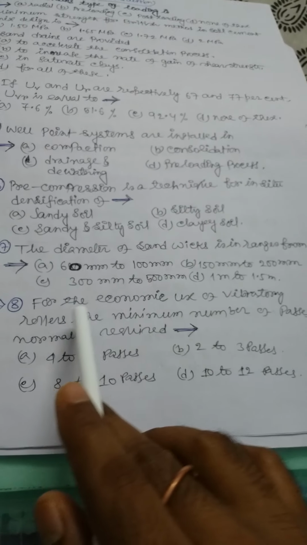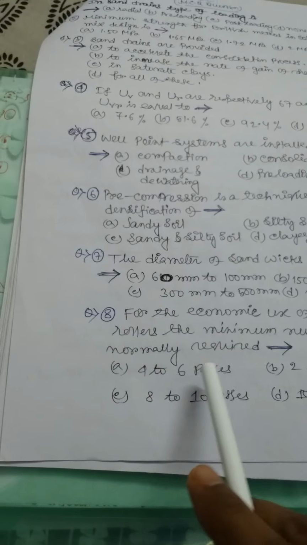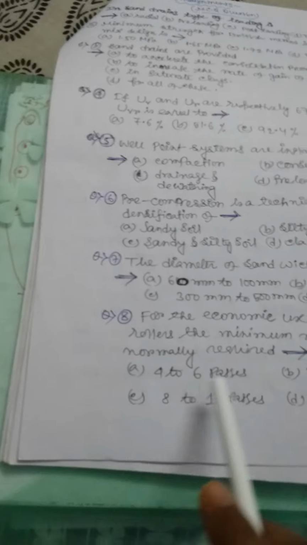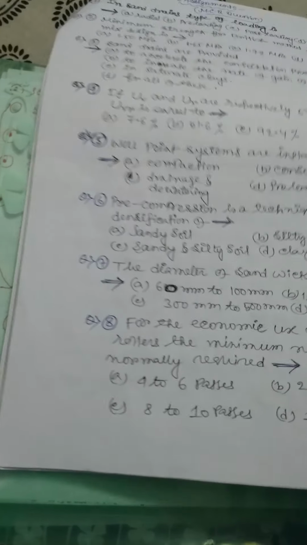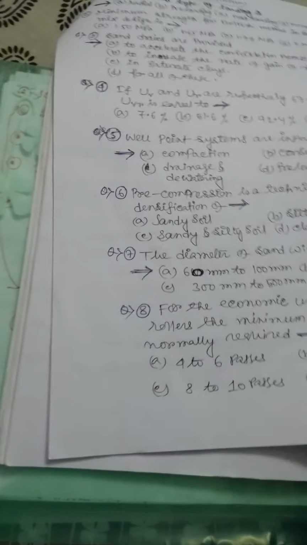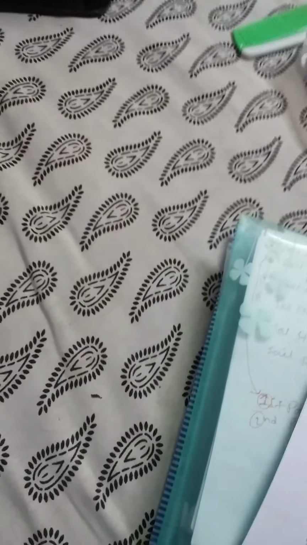Question 8. For the economic use of vibratory roller, the minimum number of passes normally required is: A, 4 to 6 passes; B, 2 to 3 passes; C, 8 to 10 passes; D, 10 to 12 passes. Which one is correct? Please answer the question. Now question number 9.